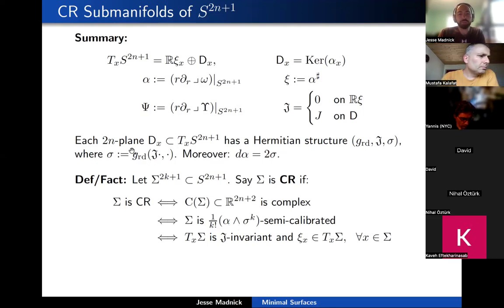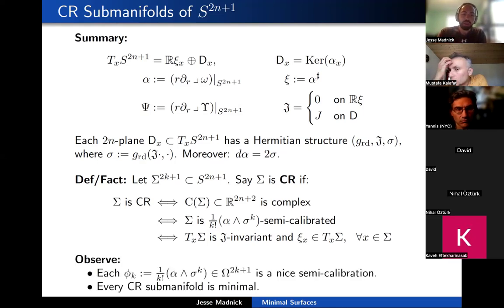Sigma is defined over here. That's equivalent to requiring that the tangent space be J invariant and that it contains the Reeb line. So on a linear level, you can understand it very well. And again, these (2k+1)-forms are nice semi-calibrations.